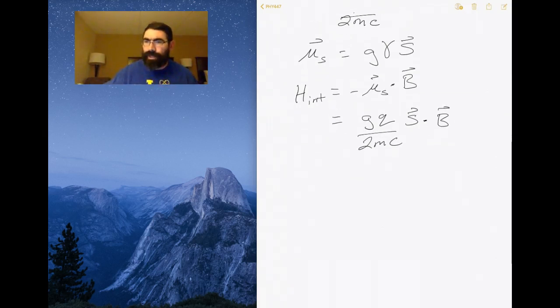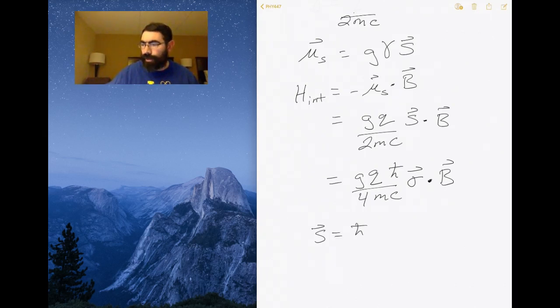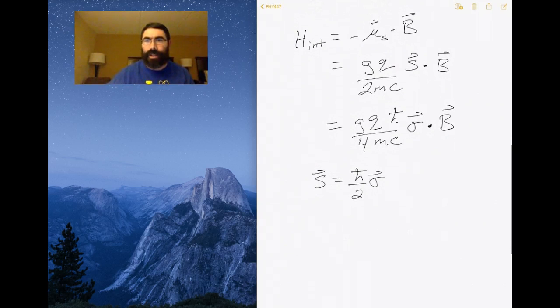Now, if we rewrite this in terms of Pauli spin matrices, then this would really be G, the charge, h bar over 2mc, the Pauli spin matrix, dot B. Actually, I should be careful. It's not 2, but 4, because the spin operator is h bar over 2 times the Pauli spin matrix. So there should be an extra factor of 2 in the denominator of that.